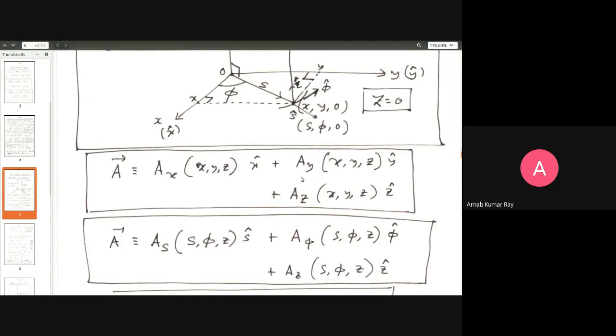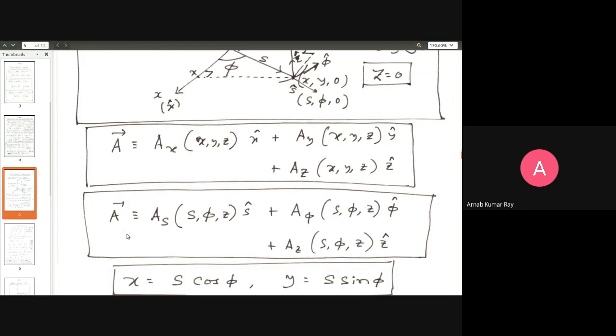We shall see how. But a vector that is represented in this three-dimensional space in terms of the xyz Cartesian coordinate system can very well be represented by the s, phi, z system with the same value. The vector itself on the left-hand side does not change. It has only got a magnitude and a direction.